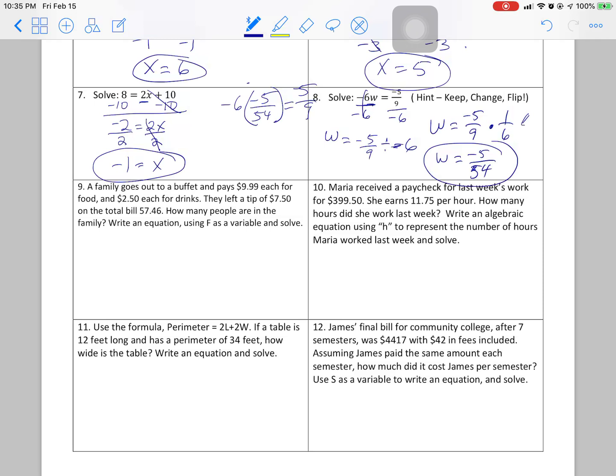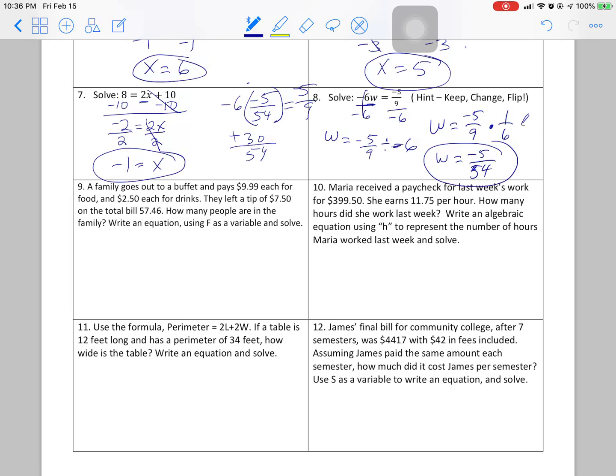So this would be what? Positive 30. 6 times negative 6 times negative 5 is 30, divided by 54. Wait. That's a negative. That's a negative. A negative times a negative is a positive.